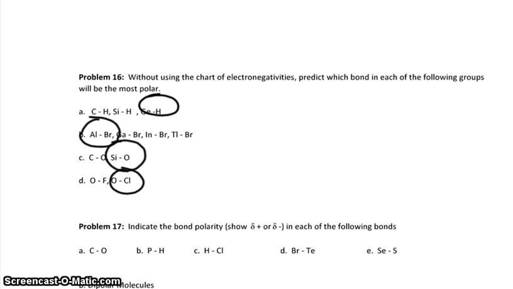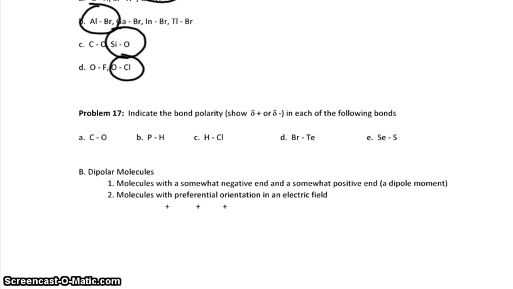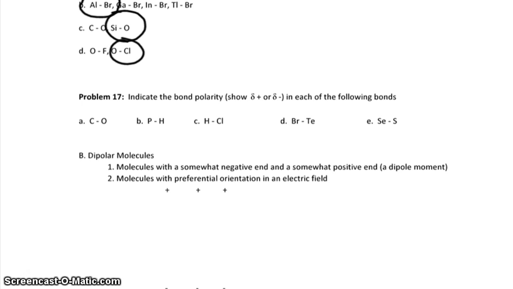Okay, so in problem number 17, we just have to know which one is more electronegative than the others. If their differences are greater than 0.4, you're going to see where one of these here is not. So carbon, oxygen, hey, I recognize the big one there. So oxygen is more electro-loving, so it's partially negative. Carbon is partially positive.